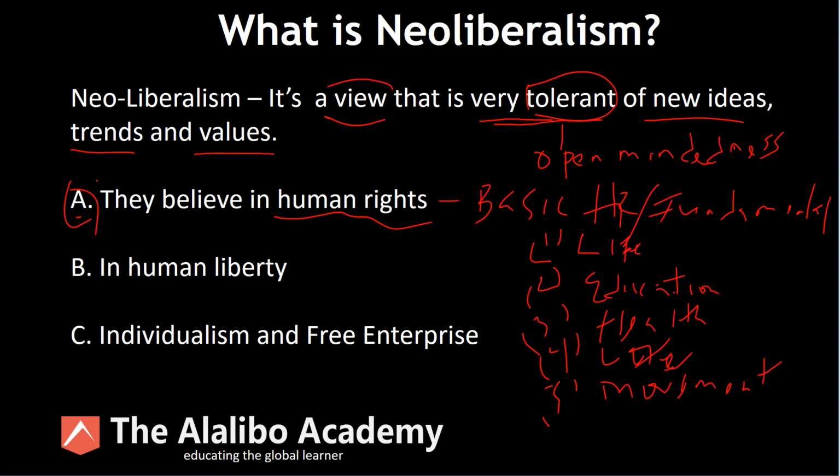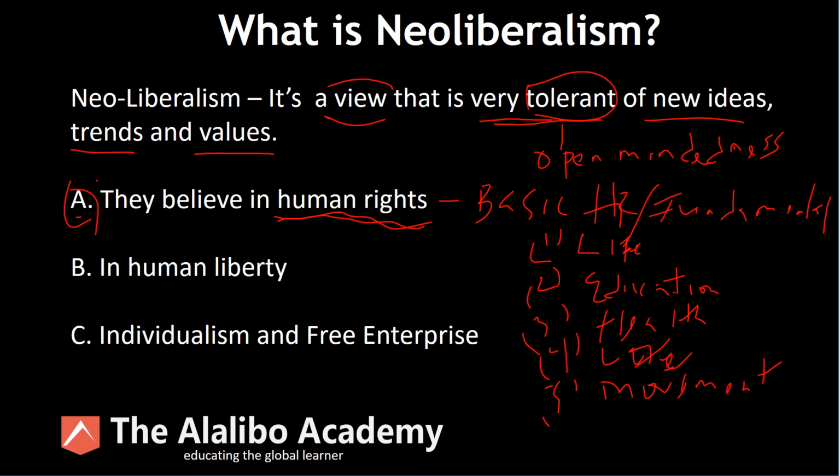These are all basic rights, especially in democratic societies, that are embedded in the Constitution, that all citizens are entitled to. So neoliberalism is really anchored on the concept of human rights, that all humans in society, or citizens in society, essentially have these rights, and these rights cannot be taken away from them.